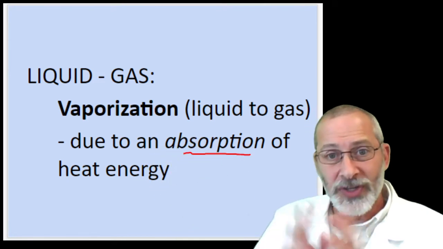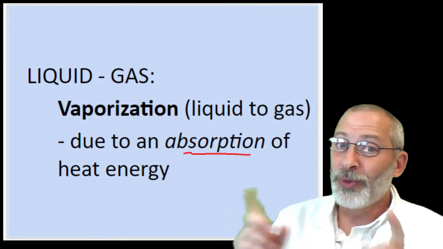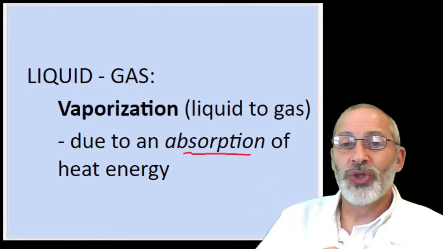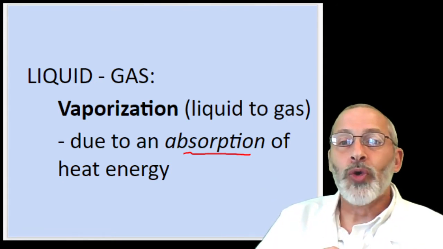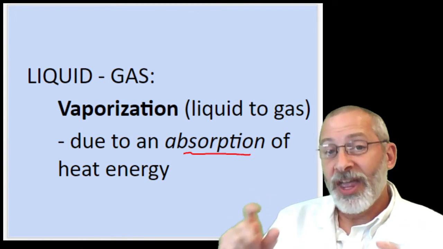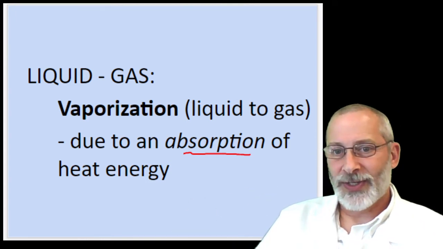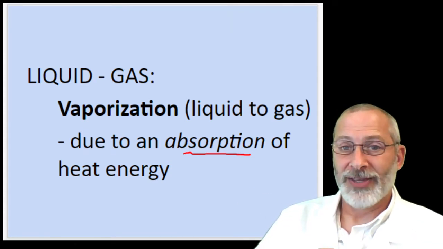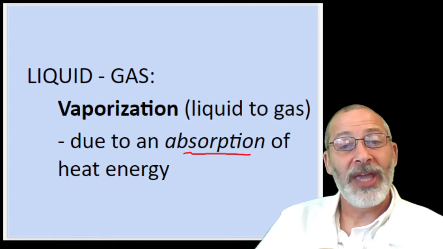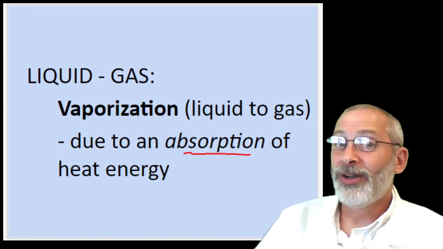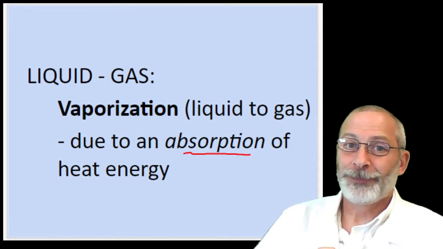Now, let's focus on this, just like we did with the solid liquid change. Vaporization is due to an absorption of heat energy. So when something vaporizes, I'm going to ask you the same question. When something vaporizes or goes from a liquid to a gas, does the surrounding area get hotter or cooler?